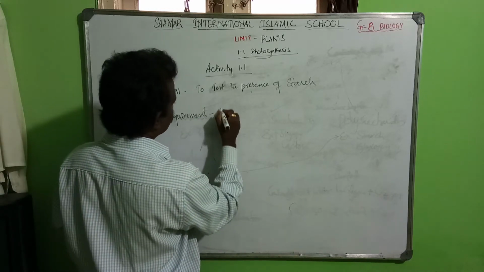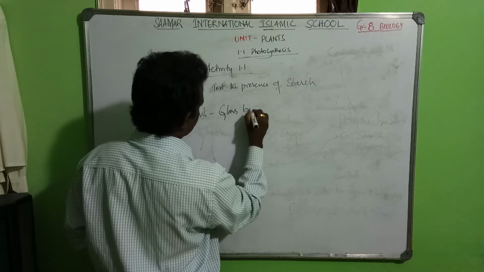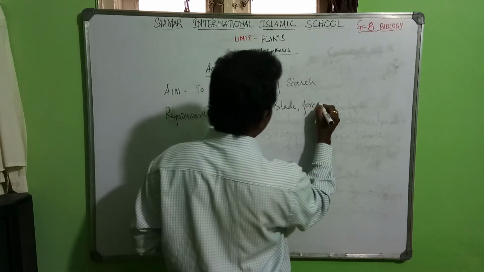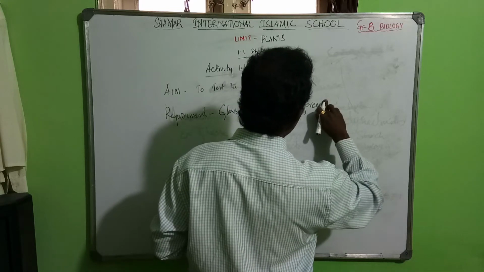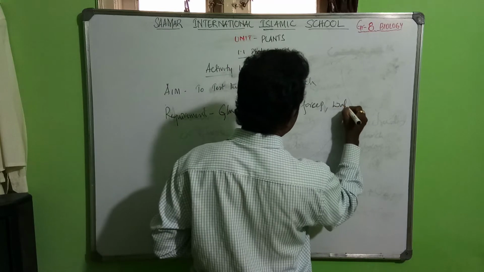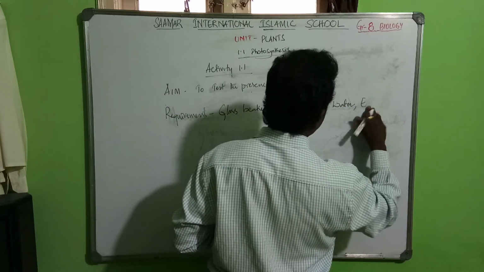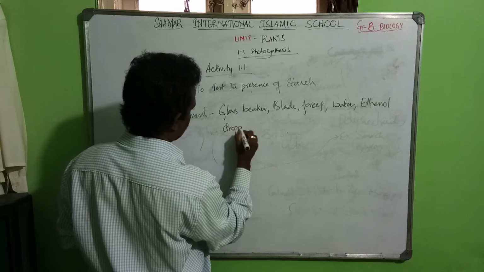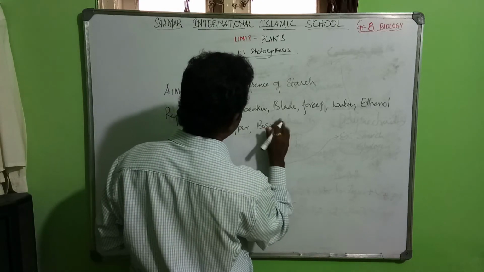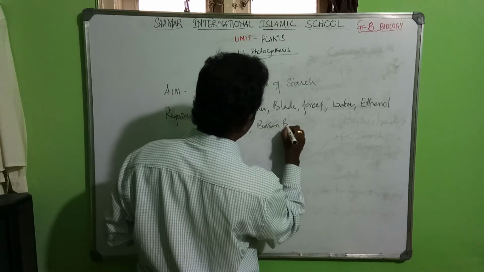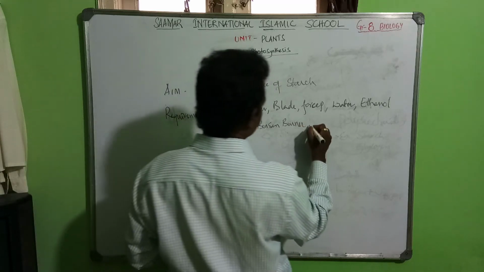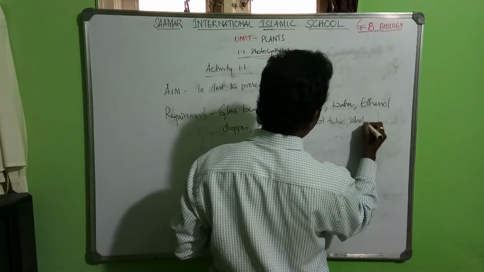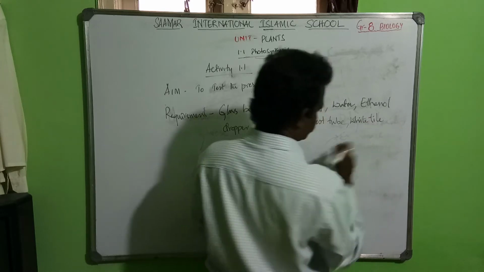Now, what are the requirements here? Beaker, glass beaker, blade, forceps, water, ethanol, dropper, Bunsen burner, test tube, white tile, means a white piece of tile.